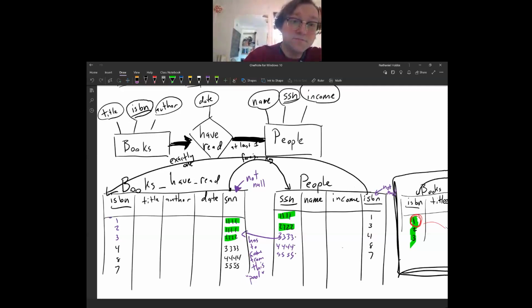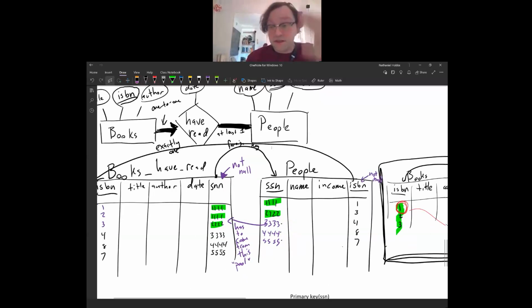But that's implicitly here. This is a one-to-one. Right? If it's exactly one, then that means that every single one has to have a connection. So that's a one-to-one. This thick line would be a many to one. So that is to say, one to many.